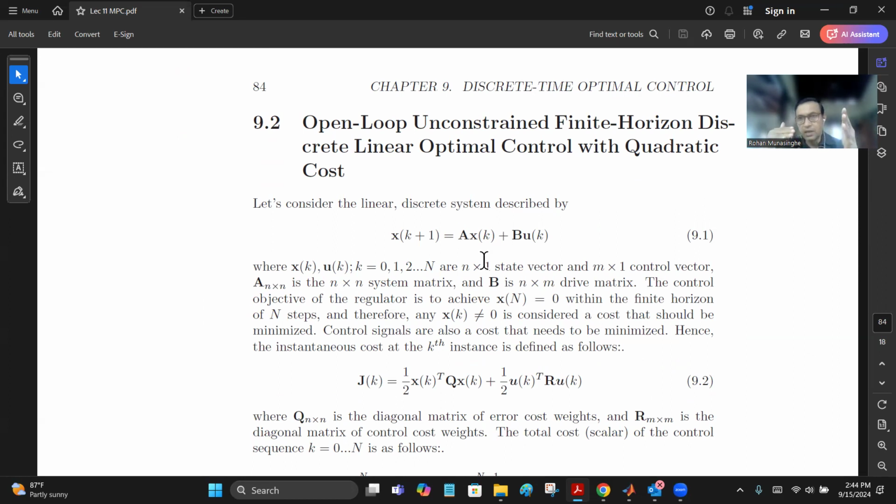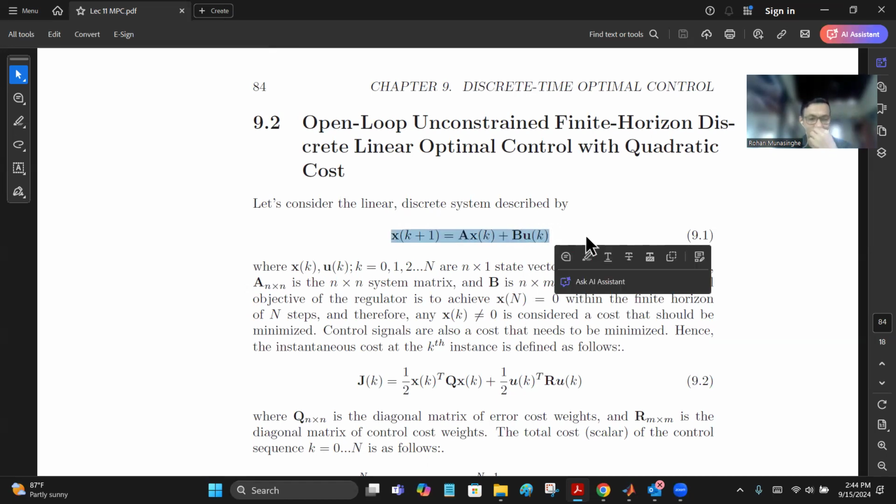So they are linked together. They are not independent variables. So in discrete time linear systems, this is how the signals are linked together.